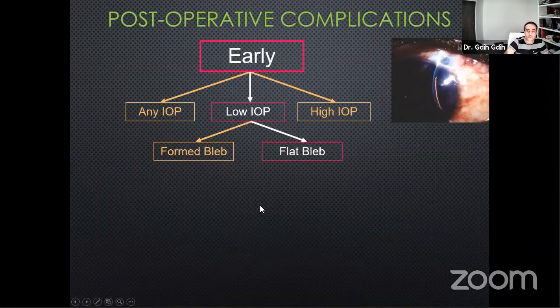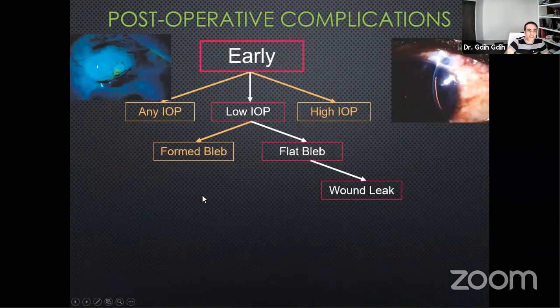Okay, now we're down to flat bleb. What if we have low intraocular pressure but flat bleb? You can think about it. Where did the aqueous go? If it is not in the anterior chamber and not in the flap, not under the bleb, where did the aqueous go?